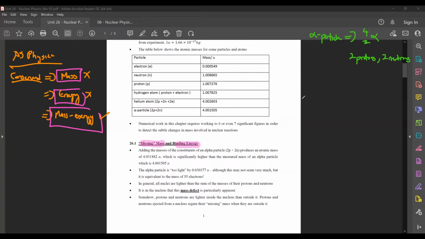So if you try to draw out their nucleus, you will see that there's actually 2 neutrons and 2 protons. Okay, this is if I'm talking about the nucleus itself for an alpha particle. But I know that they are actually made out of 2 individual protons, 2 individual neutrons. Okay, so I have 2 individual protons as well as 2 individual neutrons.